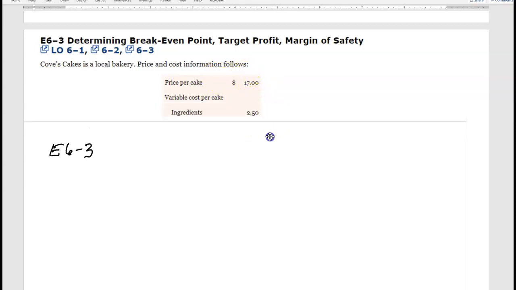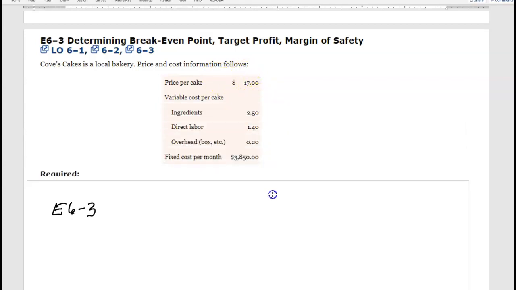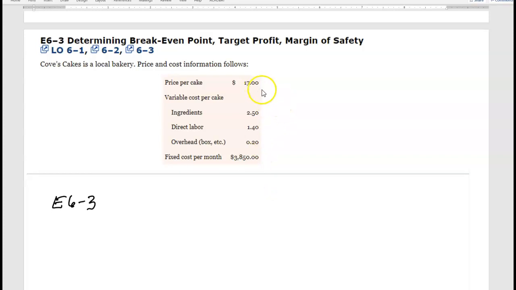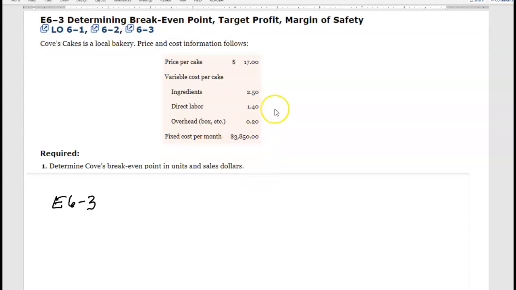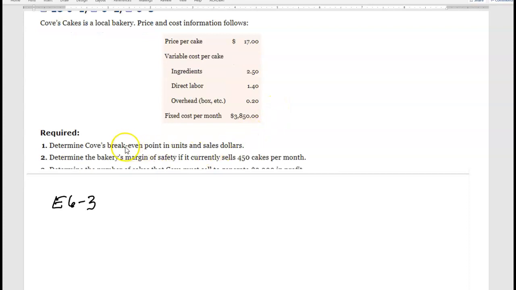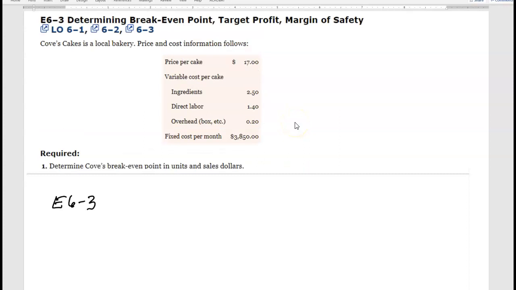And we're talking about a local bakery here. They sell cakes. Their price per cake is this much. Their variable cost per cake are these three things. And their fixed cost per month is this much. We're asked to determine their break-even point in units and dollars.